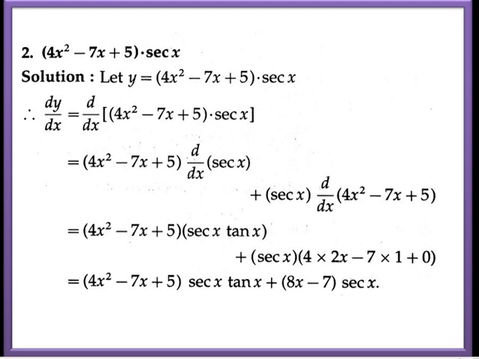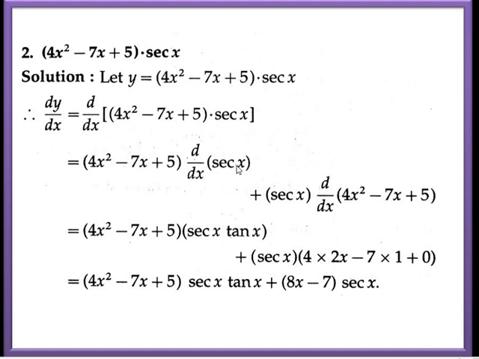Second, 4x square minus 7x plus 5 into sec x. Let y be the function. Now you need not open the bracket. We consider all the three terms in one bracket as first function and sec x as second. So on differentiating with respect to x, what is derivative of product?